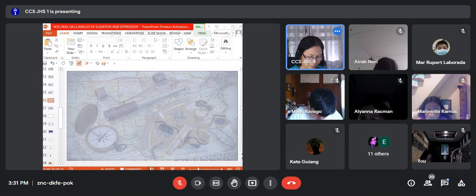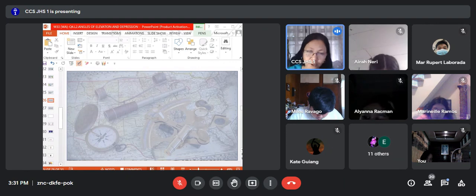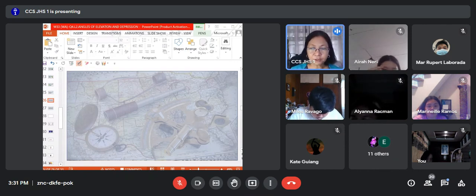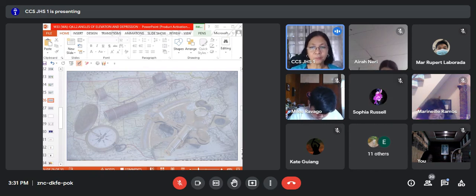Okay, next. By the way, this is what you're going to do in your IPT class. You are going to make a diorama of a power plant, and you have to arrange the power plants in such a way that you can create a trigonometric problem out of your figure.